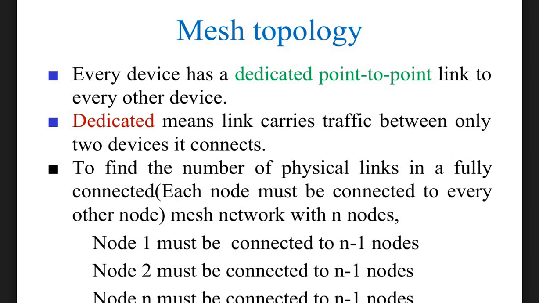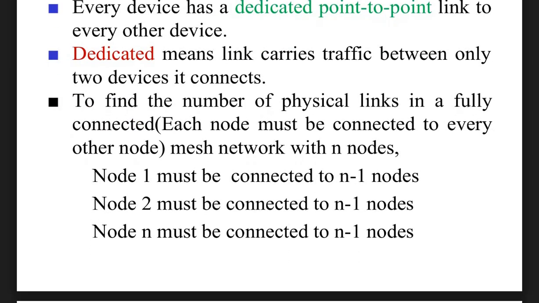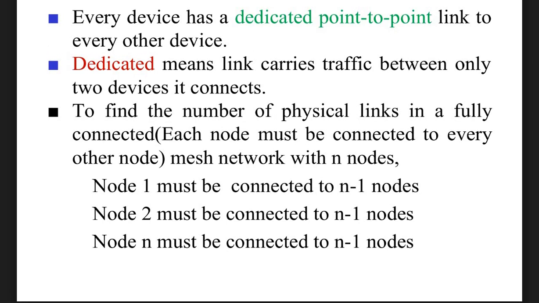To find the number of links I need, node 1 must be connected to n minus 1. Why n minus 1? Because the minus 1 is itself. No need to connect myself with me. Apart from myself, all other friends should get connected, so it is n minus 1.